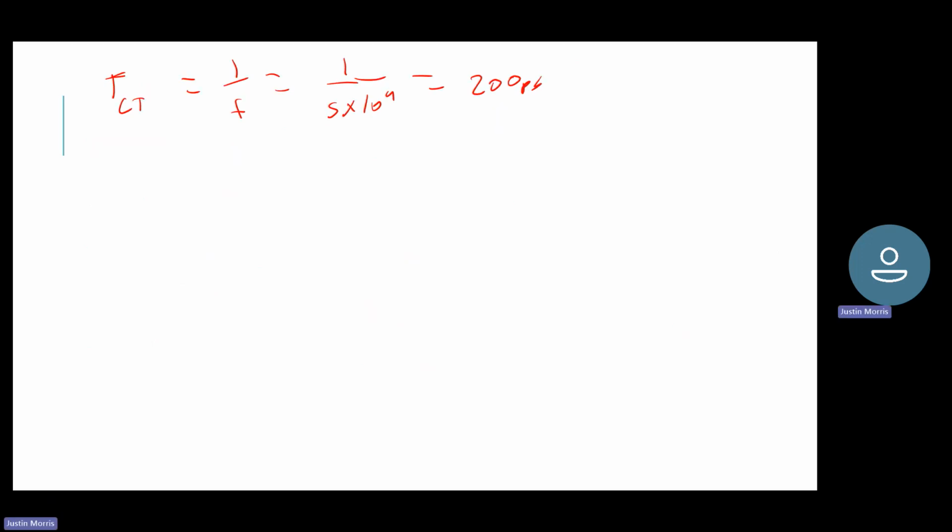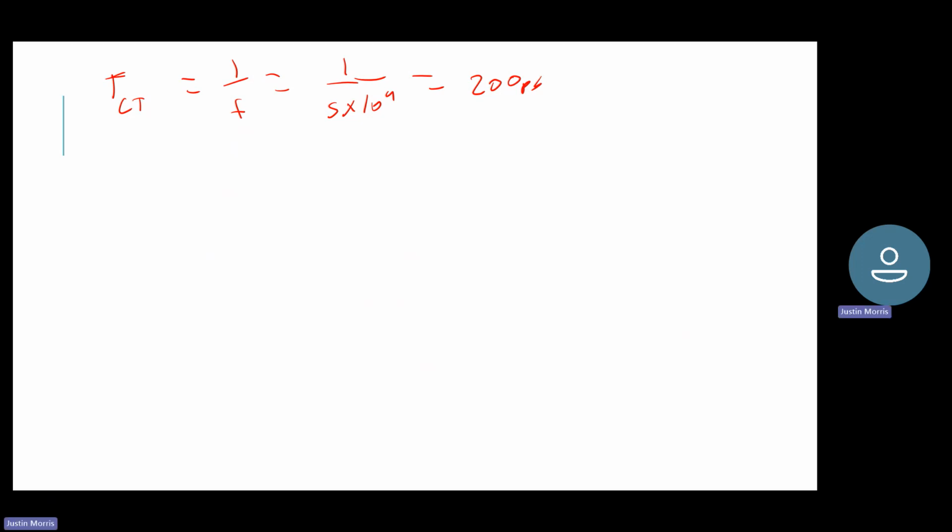Okay. So this is our operating frequency. So the 200 is greater than 145, right? So all of our timing equations are satisfied by 5 gigahertz, right?